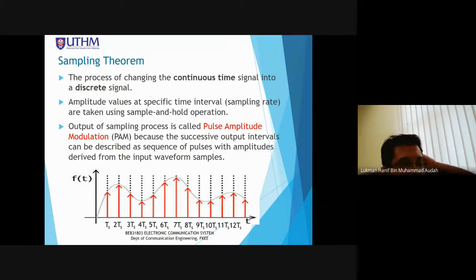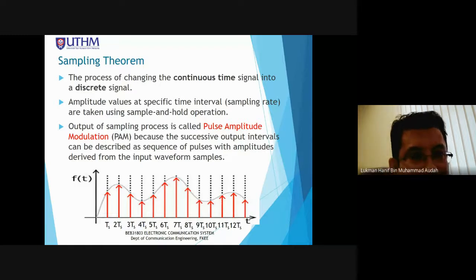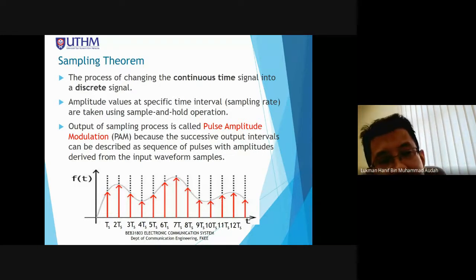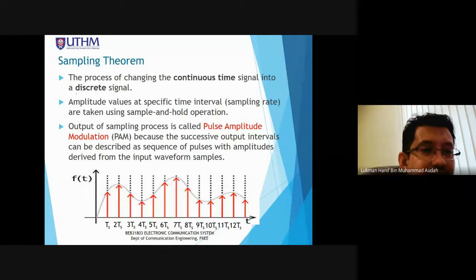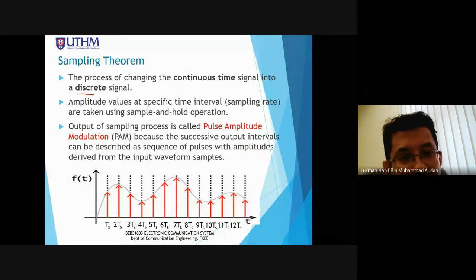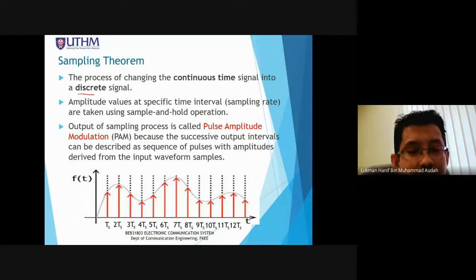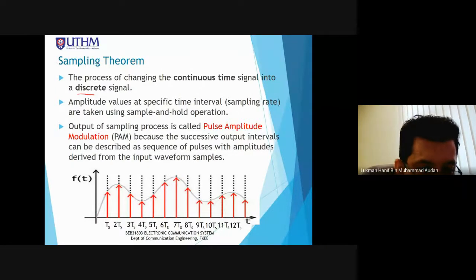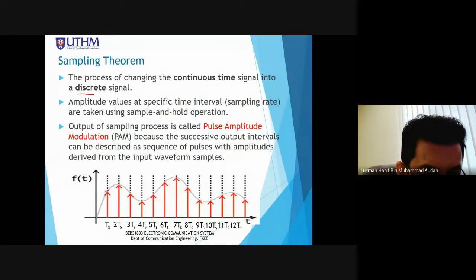So, how does the sampling look like? Okay, so sampling is the process of changing continuous time signal into discrete time signal. Amplitude values at specific time interval, the sampling rate, are taken using a sample and hold operation. Okay, maknanya asalnya kalau you lihat sini ada analog. Maknanya kita nak ambil beberapa sampel.